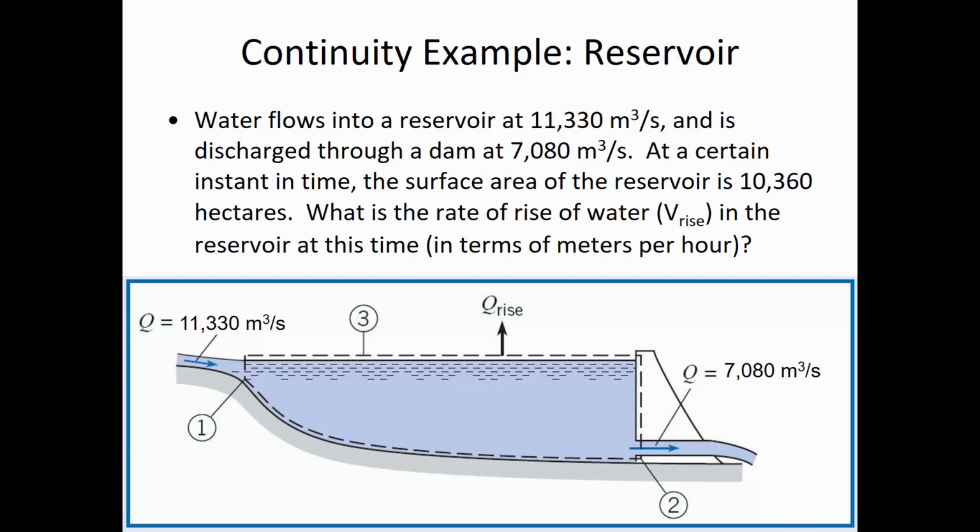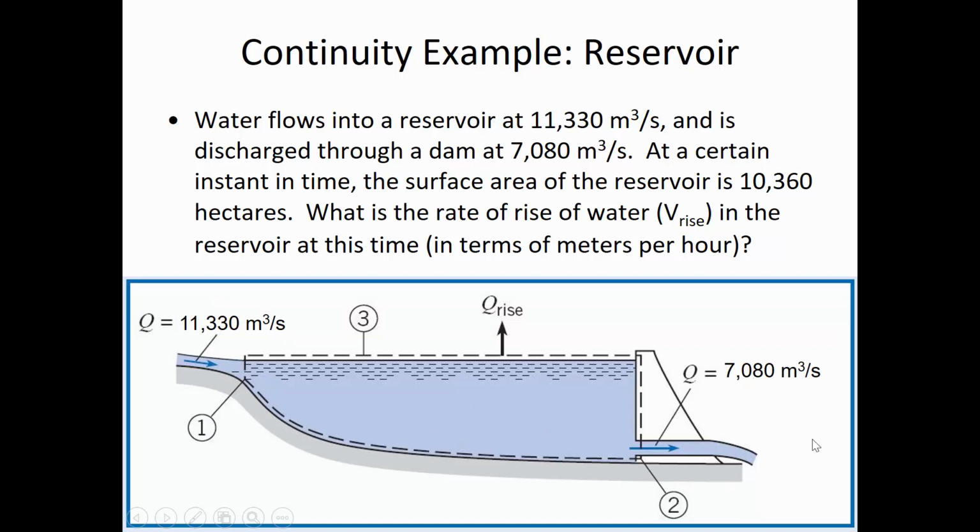And I want us to tackle this one more time, just because sometimes thinking of it in terms of a flow rate that there's a rise in a place where liquid accumulation can occur is a little bit of a foreign concept. So there's water coming in at 11,300 cubic meters per second, and it's discharging at a lower rate, 7,080 cubic meters per second.